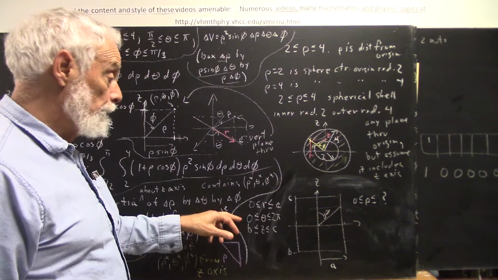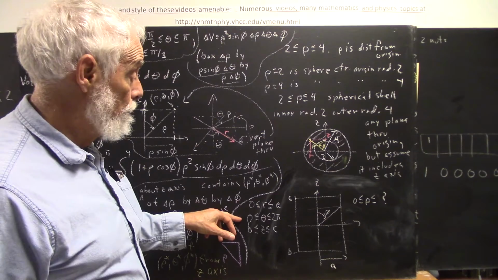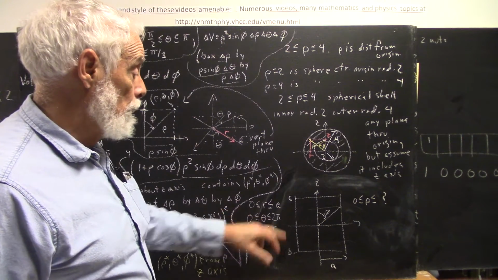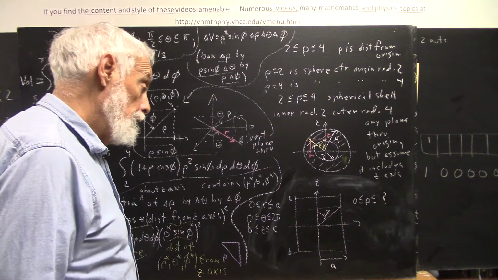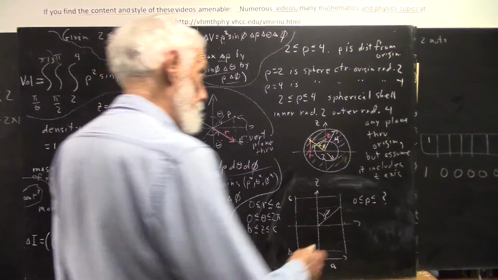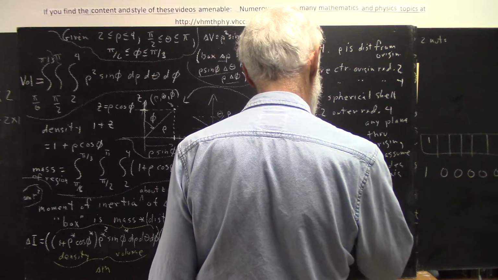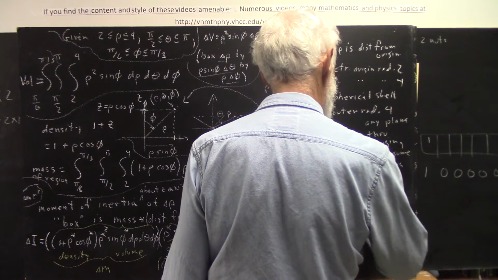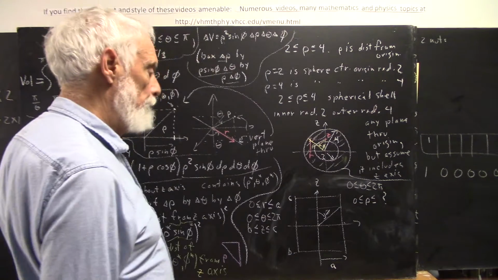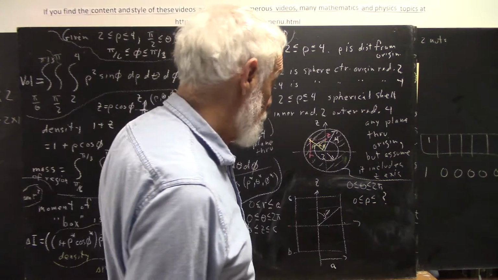Well, theta is one of the spherical coordinates, isn't it? So theta being a spherical coordinate, we can say that theta does go from 0 to 2 pi. That part is fine. Now, what are our limits on rho?